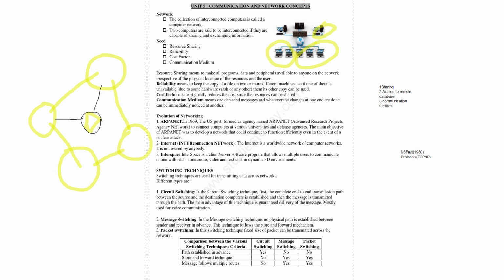This is how the internet works. This is n1, this is n2, this is n3, and this is n4. These are the small networks which are connected through a backbone or server of the network.